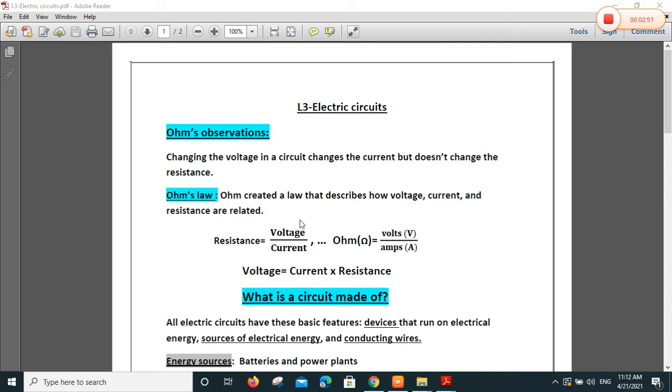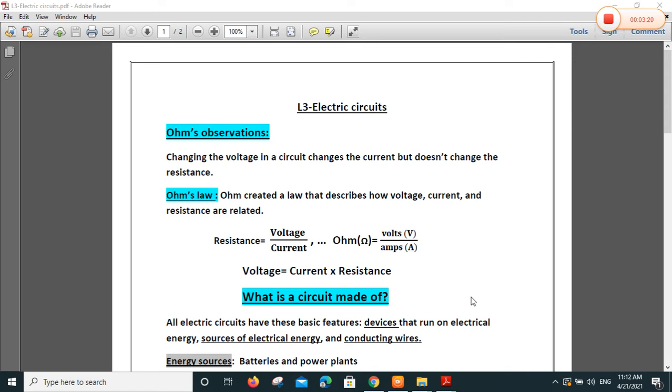So look, the relation between voltage and the current: voltage changes, current changes. So voltage equals current times resistance. The unit of voltage is volts, V, the unit of current is ampere, A, and the unit of resistance is ohm, according to the scientist Ohm.